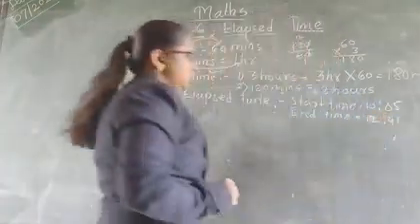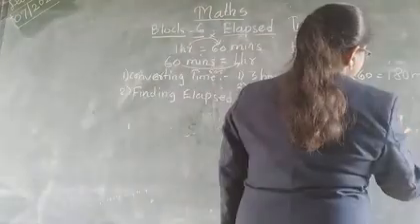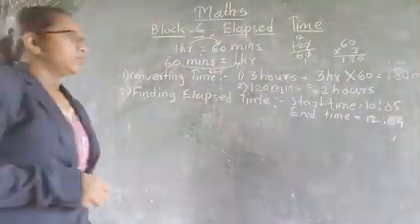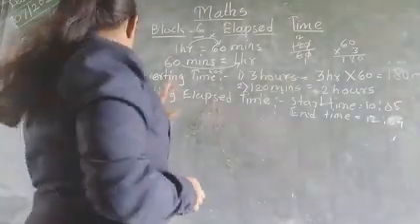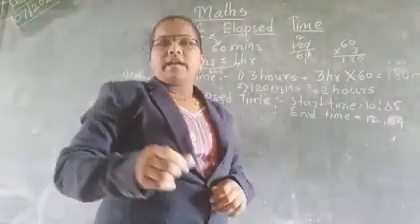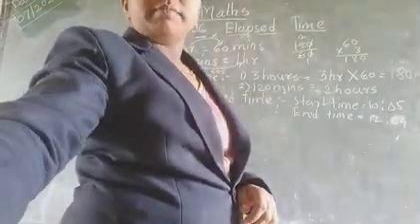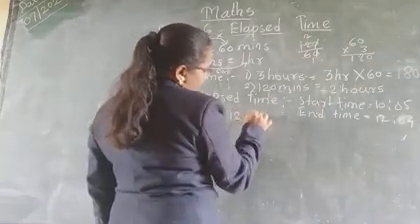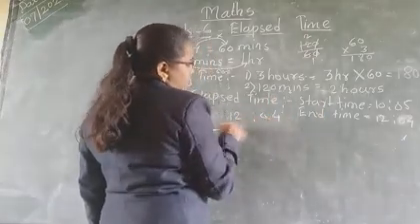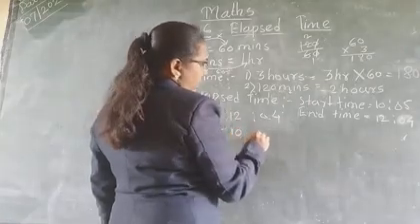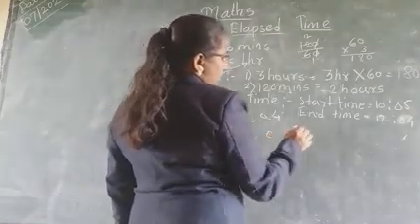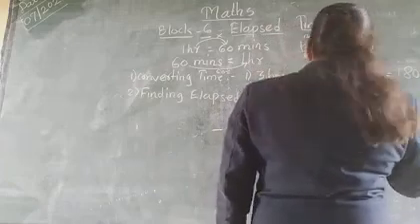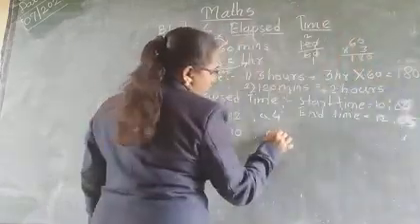First of all we take a simple example for your good understanding. How do we find out the elapsed time? First of all we write the end time, 12 hours 4 minutes, minus start time, 10 hours 5. Sorry, here we take the same numbers for the subtraction for your good understanding.